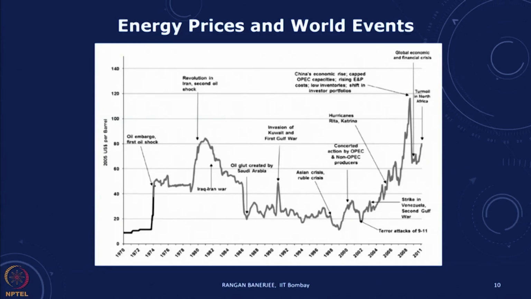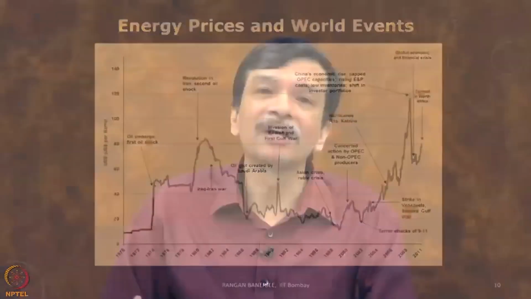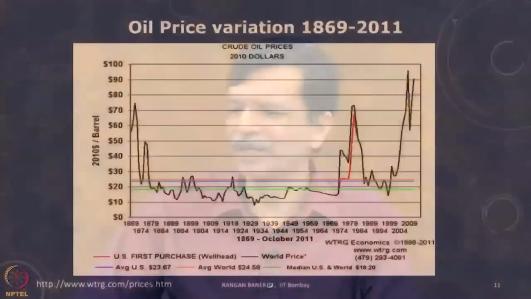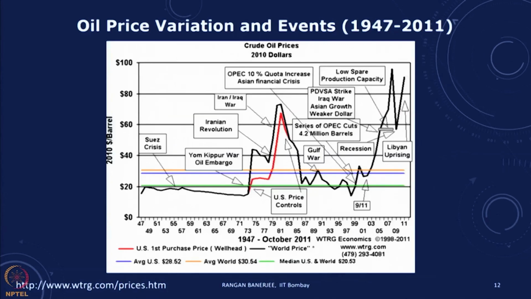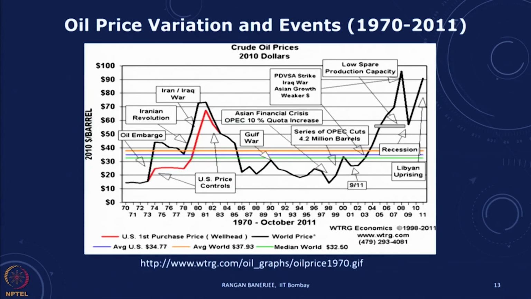So, when we think in terms of any strategy for energy security, we need to make sure that our country is sort of immune to some of these. On a longer time frame, these are the kind of oil price variations which are there, and you can see many of them get linked to political events, and this automatically has an impact on the economy.